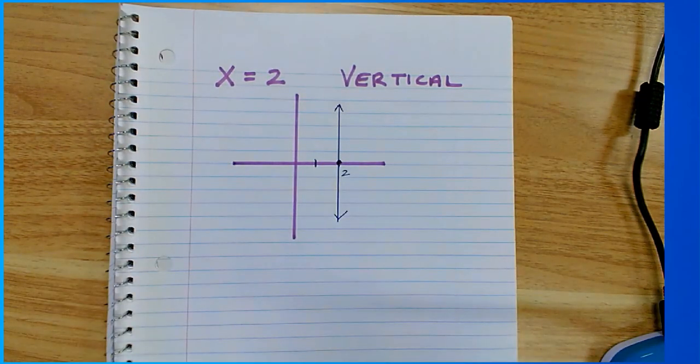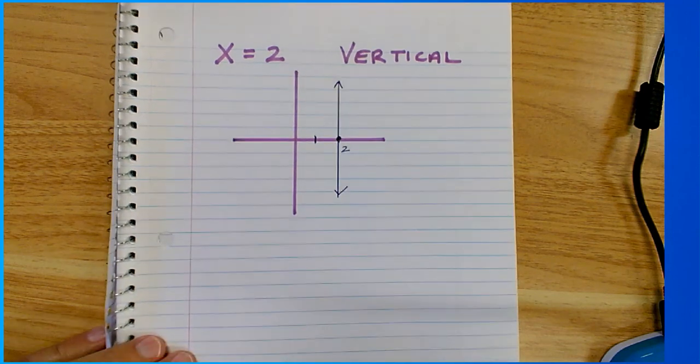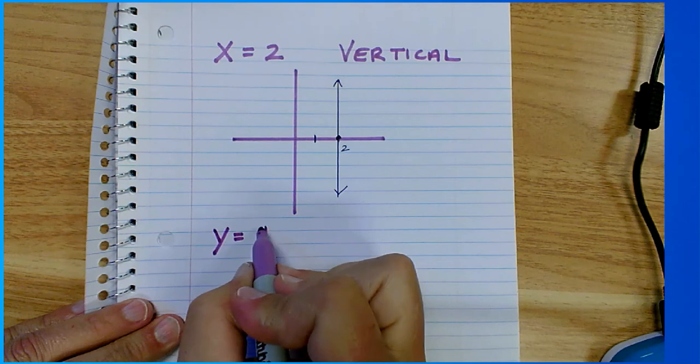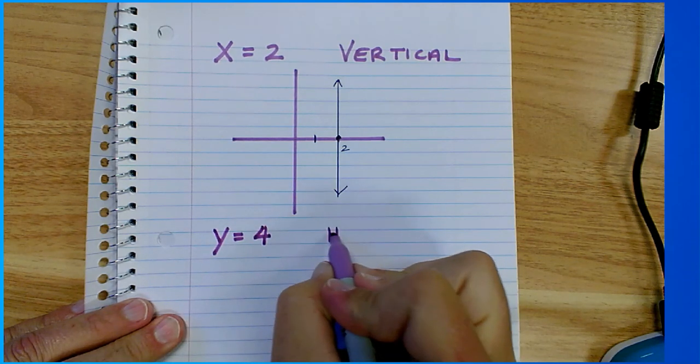If I had y equals 4, this is horizontal.